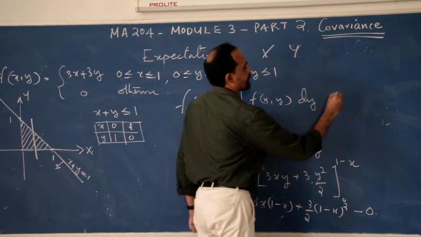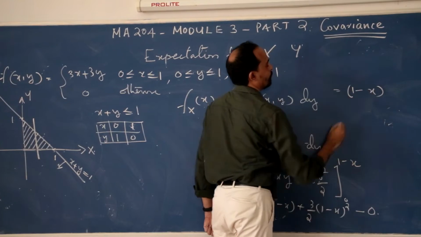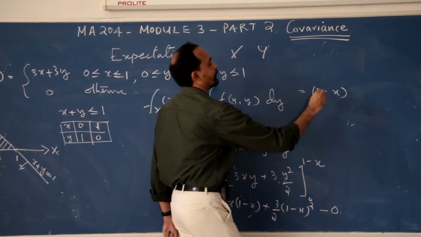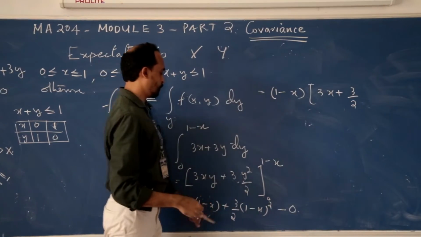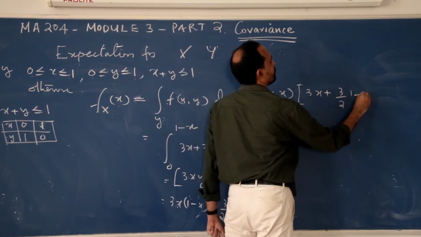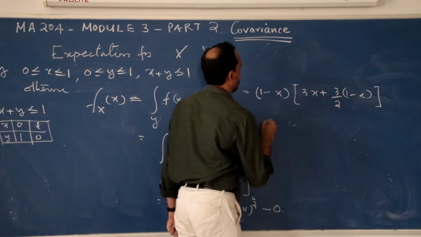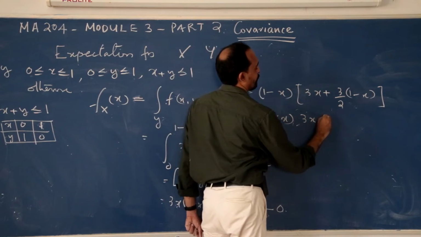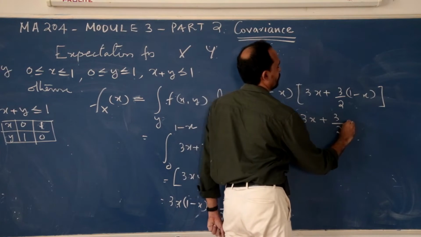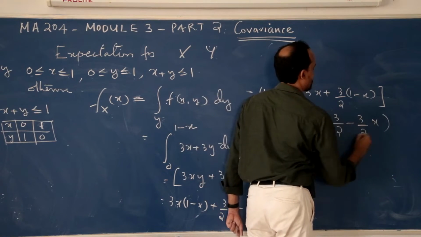You take 1 minus x outside: 1 minus x into 3x plus 3 by 2 into 1 minus x. That is equal to 1 minus x into 3x plus 3 by 2 minus 3 by 2 x.